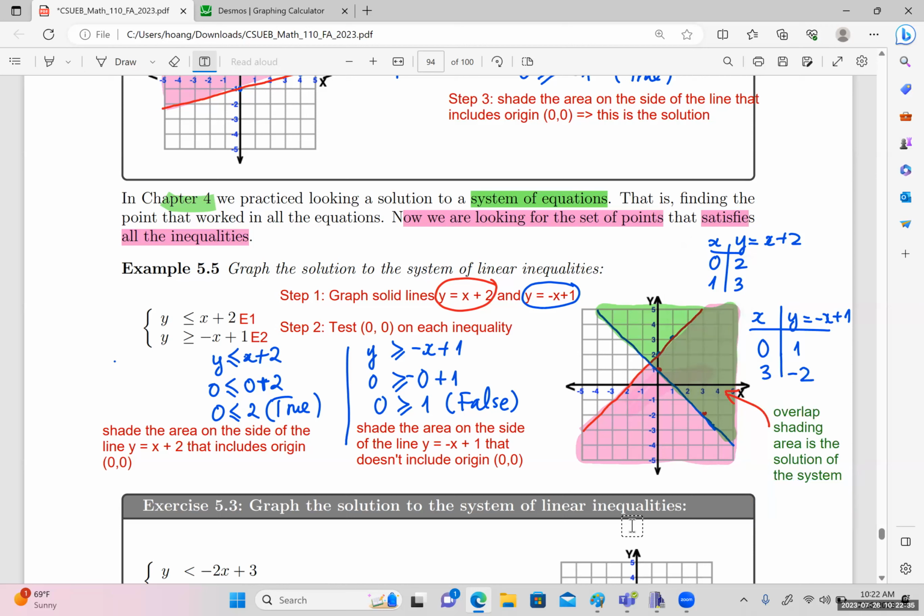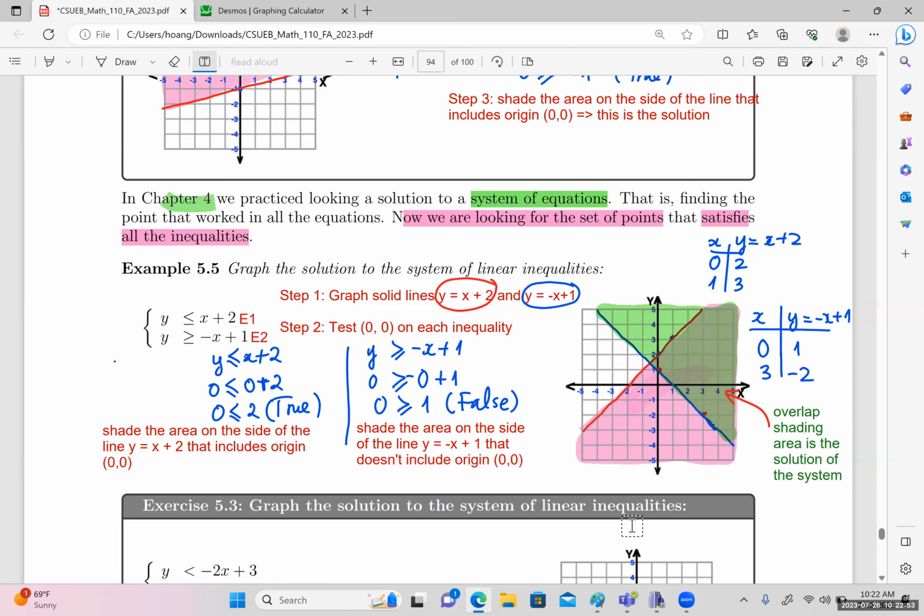Okay, so that will be the answer for 5.5.